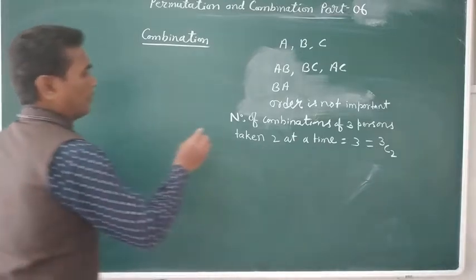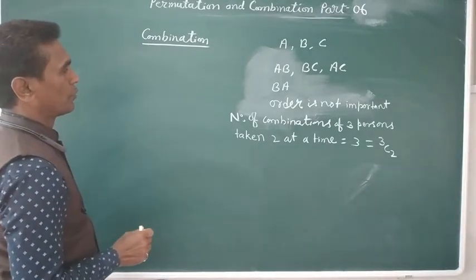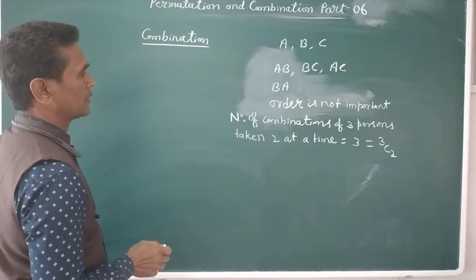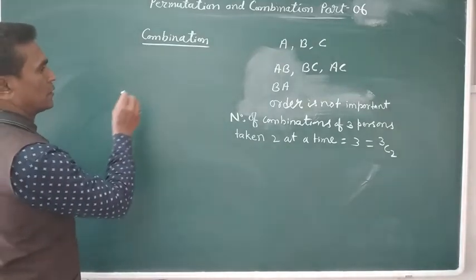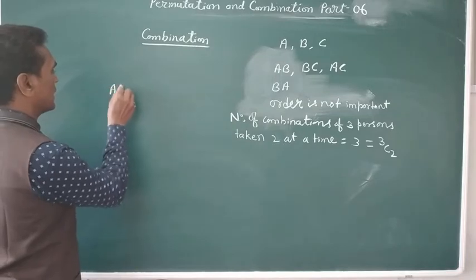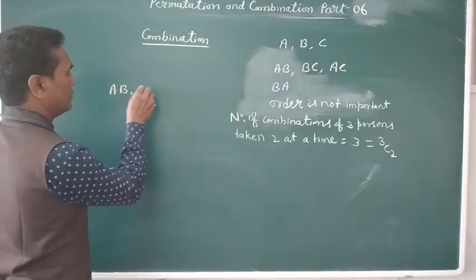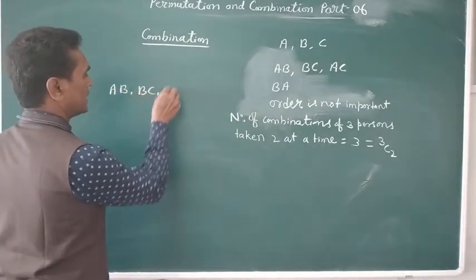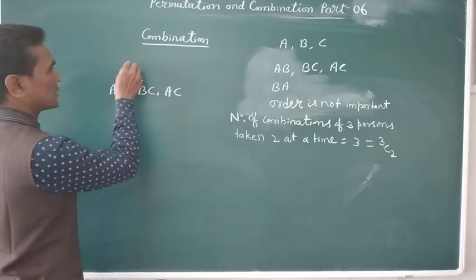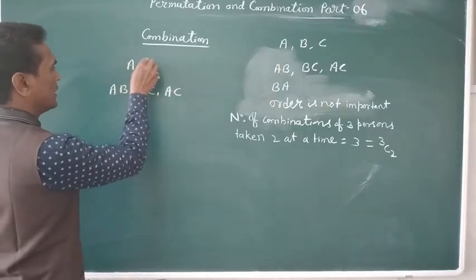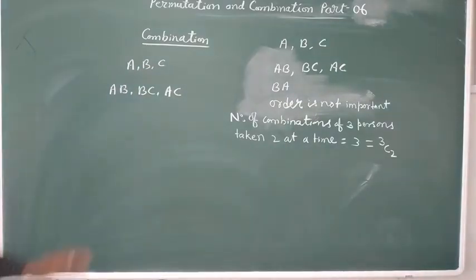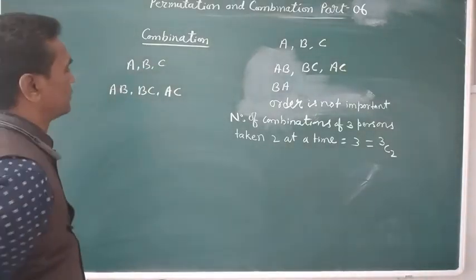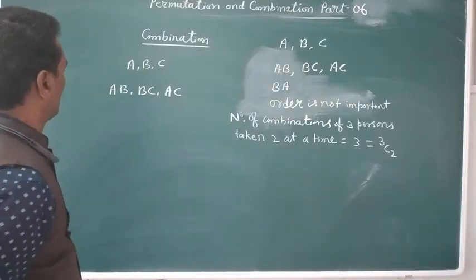Suppose we have to prove one formula for combination. Now these three combinations are AB, BC and AC. There are three combinations out of these three A, B, C taken two at a time. Now we will prove its formula with the help of permutation.